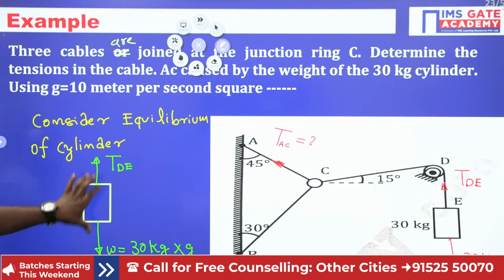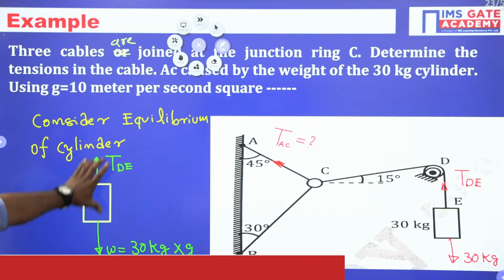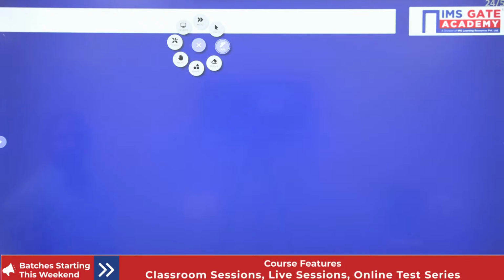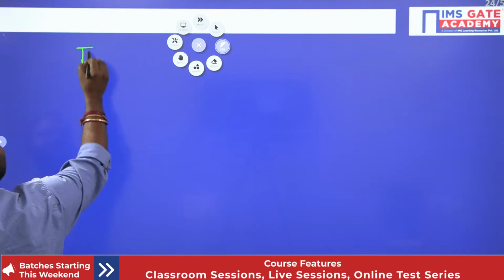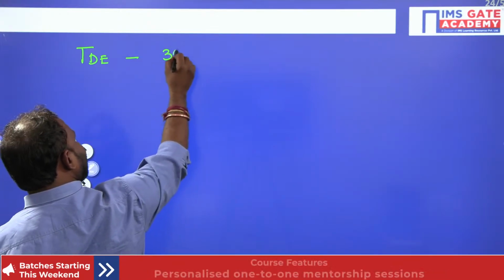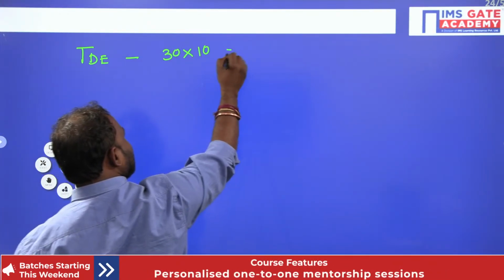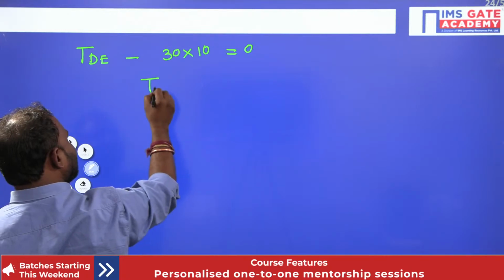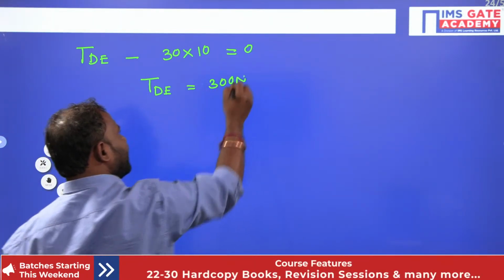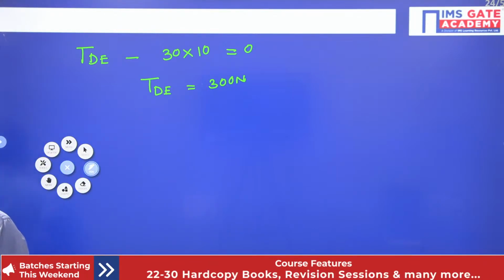Now by applying sigma Fy equal to 0, how can I write? T minus 30 into 10 is equal to 0. That I can write TDE equal to 300 newtons. Clear everybody, guys?